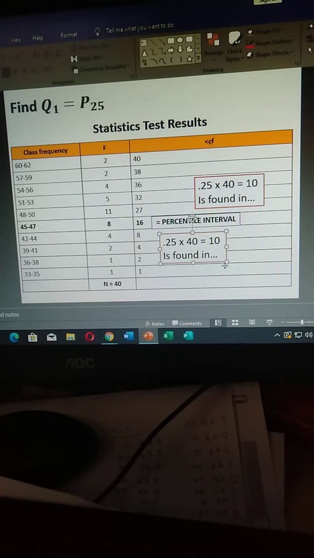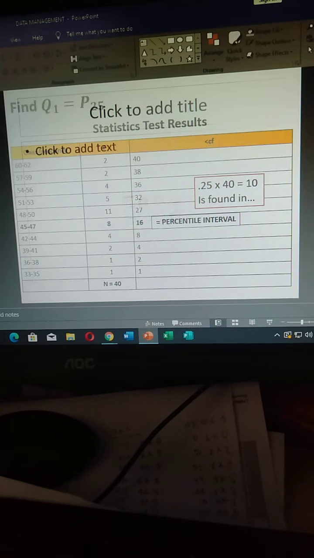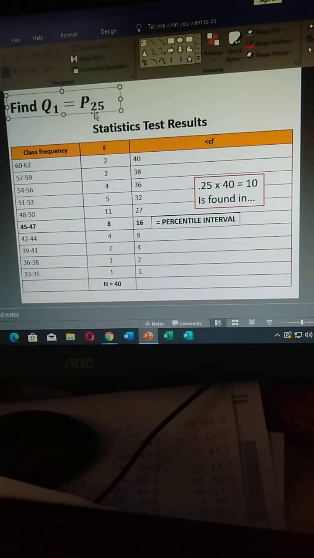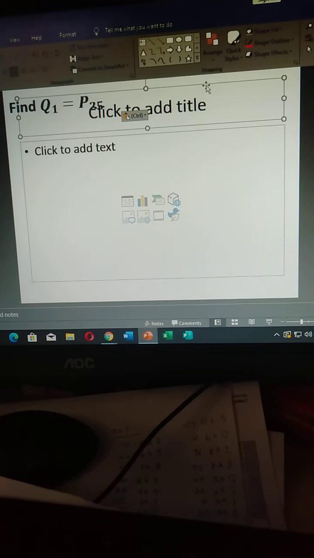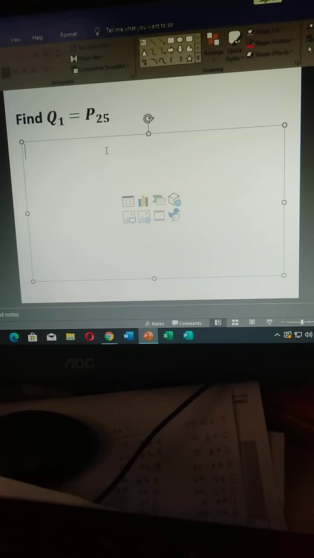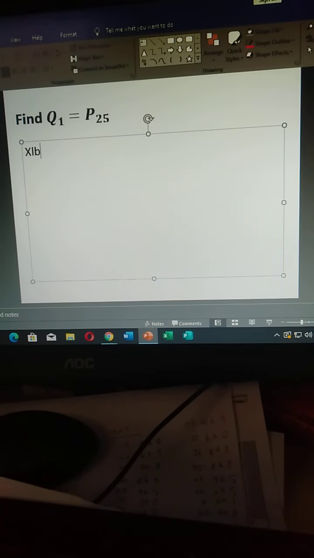Or I will just input data table na lang. So, Q1. Ayan, so copy ko lang to. Ayan, so yung hinahanap natin, diba? Ang hinahanap is XLB. Ayan, ano pa yung mga hinahanap?